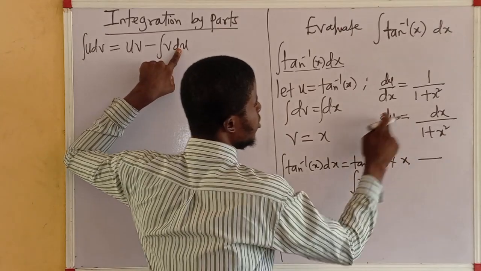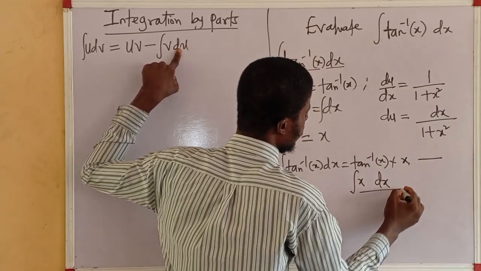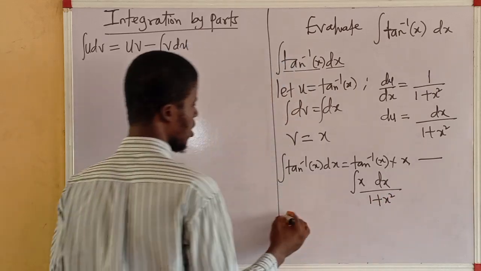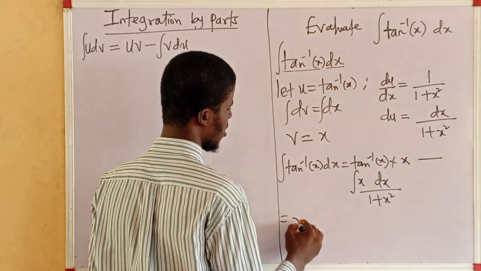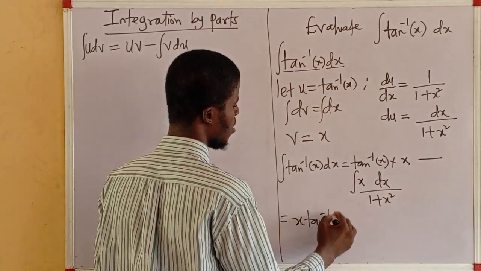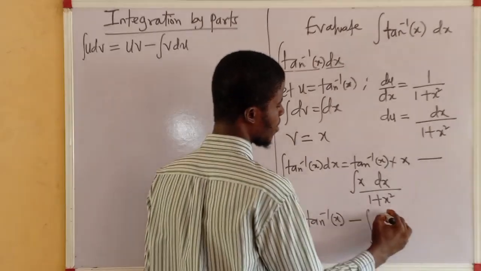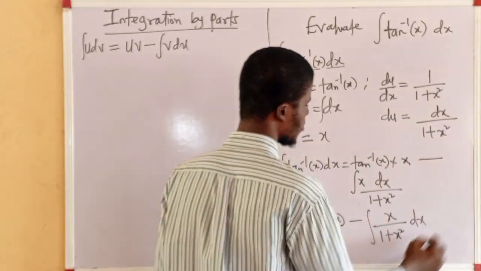What's du? du is equal to dx upon 1 plus x squared. So we have tan inverse of x times x, that's x tan inverse of x, minus the integral of x over 1 plus x squared dx.